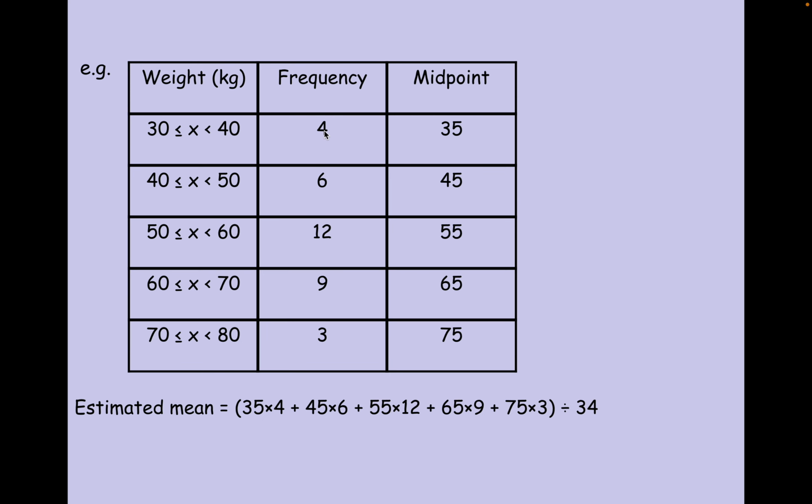There are 4 people with weight approximately 35. There are 6 people with weight approximately 45. So that's why we multiply them all, add them up, and then divide it by the number of data. So meaning you add up the frequencies, divide by the number of data. And if you put that in your calculator, the result should be 55.3.